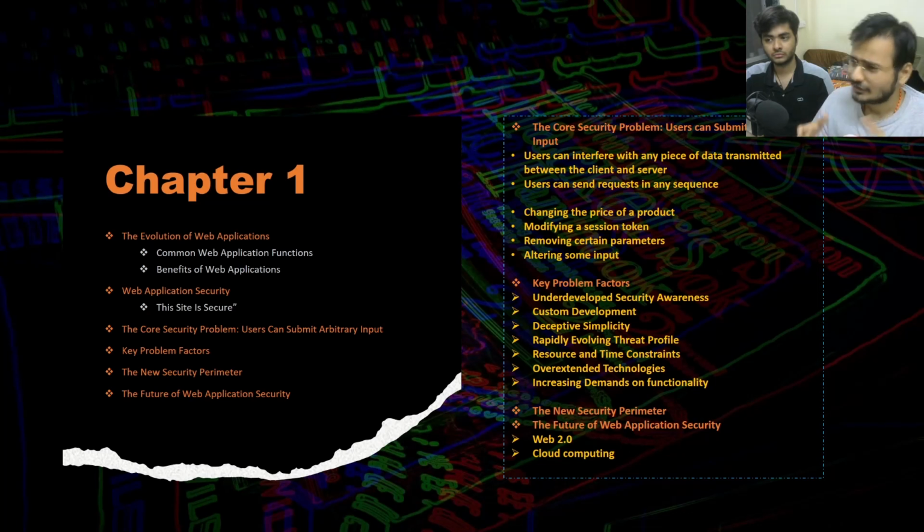Let's move forward. As I previously mentioned, functionality is the main enemy that gives rise to all these vulnerabilities. As you can see, the user can interface with any piece of data, basically a normal user input box. Those input boxes are the reason for bugs because the user can input anything.